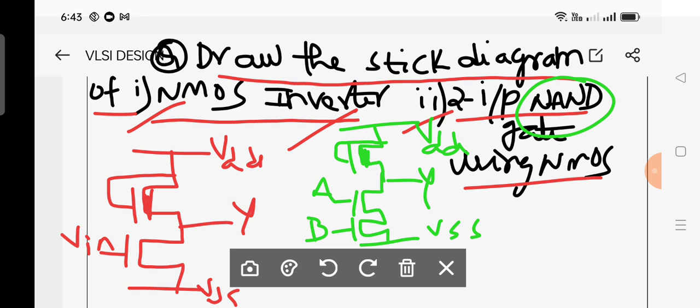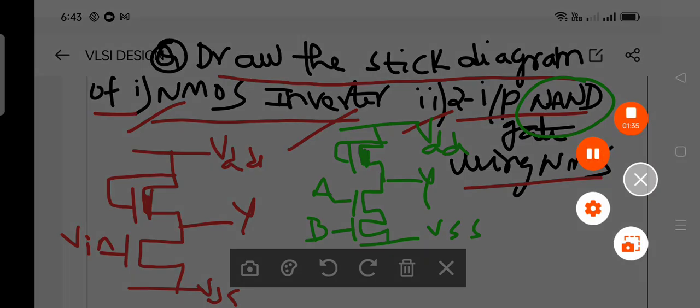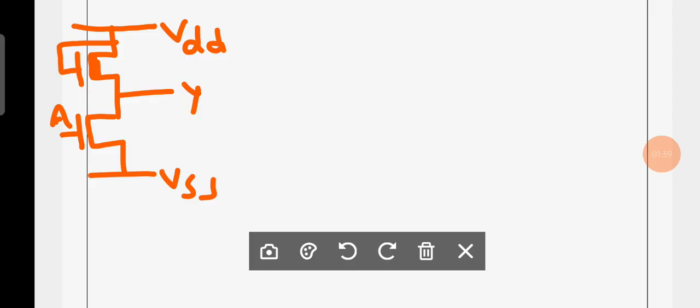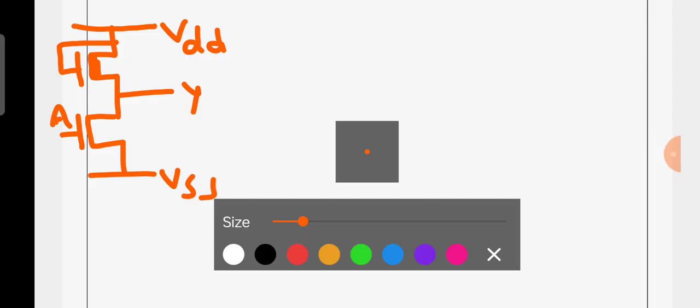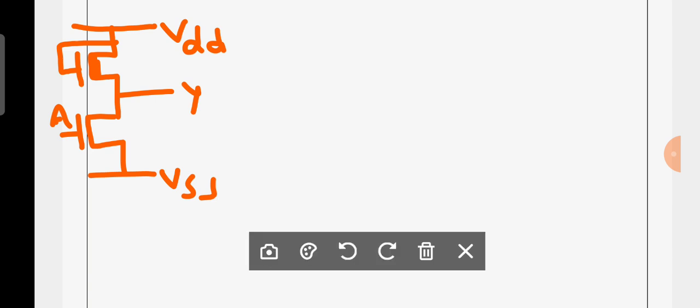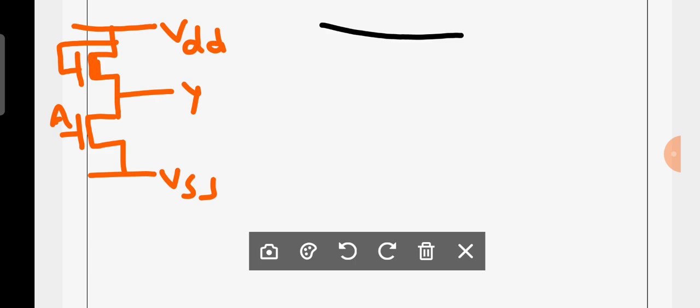Let's see how the stick diagram is going to be designed. Is it okay? Now you can observe very carefully. Yeah, let's start the stick diagram. If you observe here very carefully, you are having two metal rails. Just draw the metal rails by leaving sufficient space. Okay, I am going to use the metal rails.